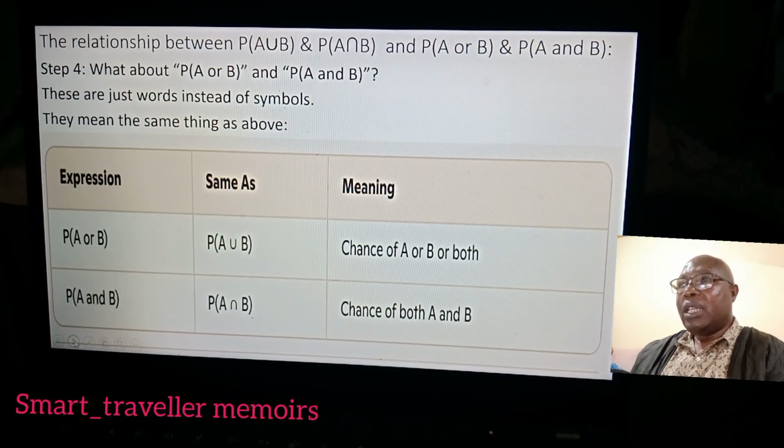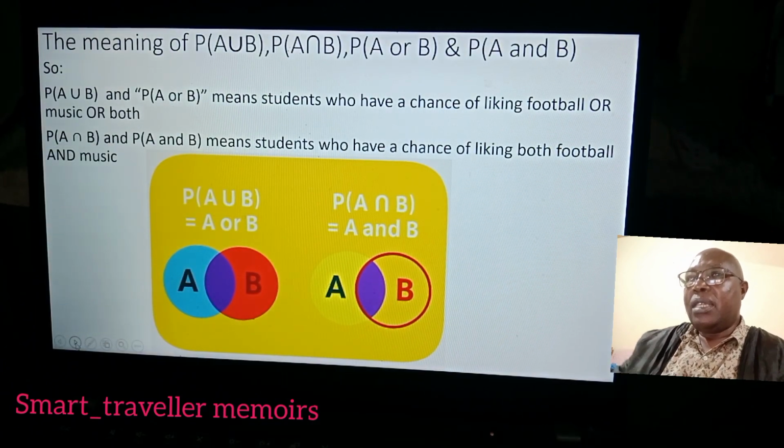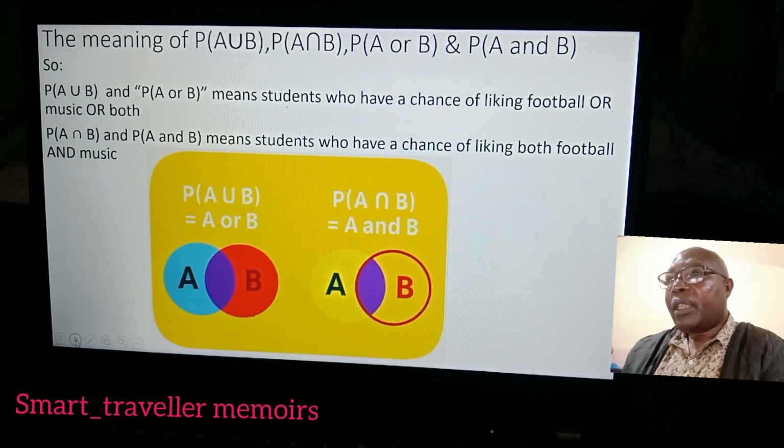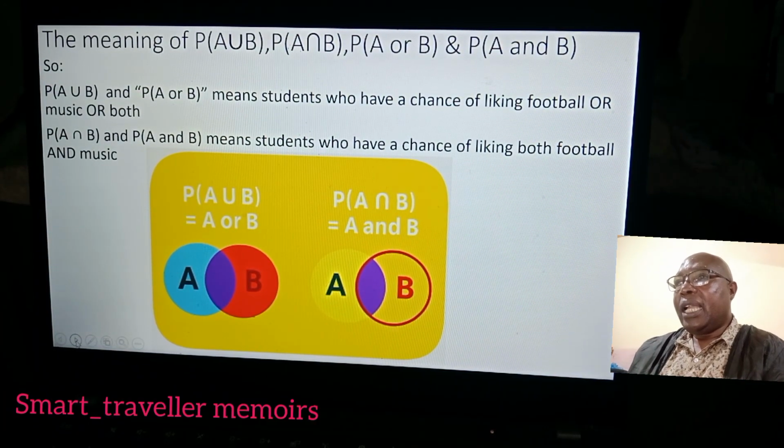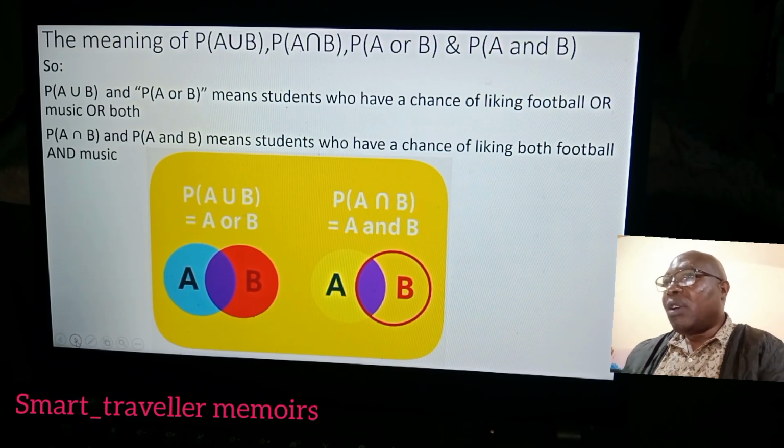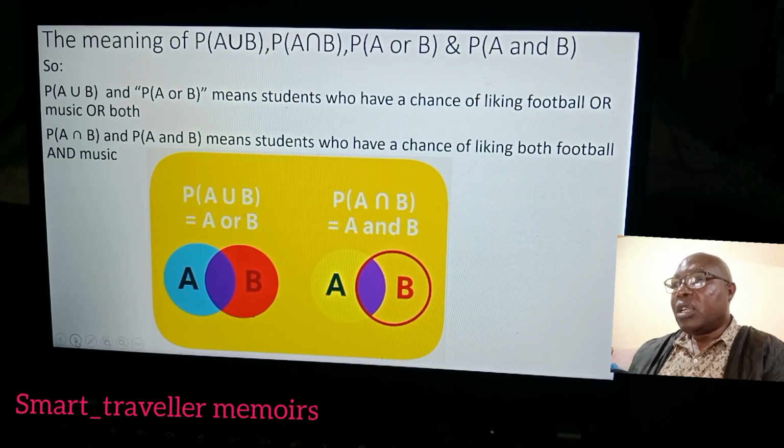So in the table, you have the expression, and we are saying P(A or B) is the same as P(A union B), meaning chance of A or B or both. And P(A and B) is the same as P(A intersection B), meaning chance of both A and B. So, P(A union B) and P(A or B) mean students who have a chance of liking football or music or both.